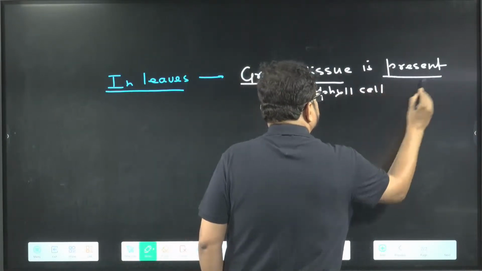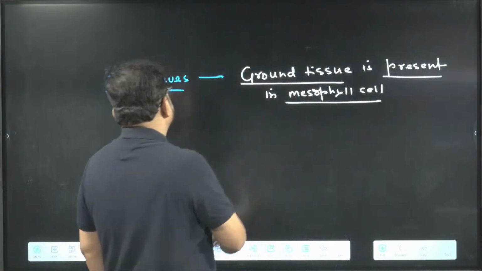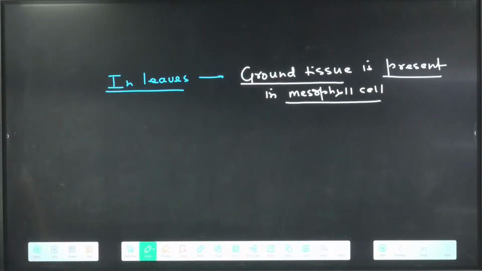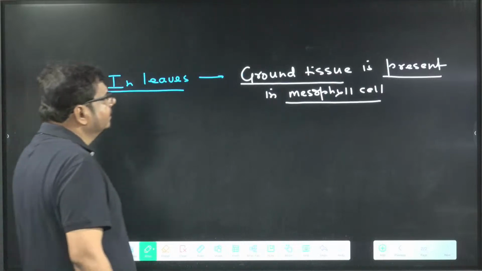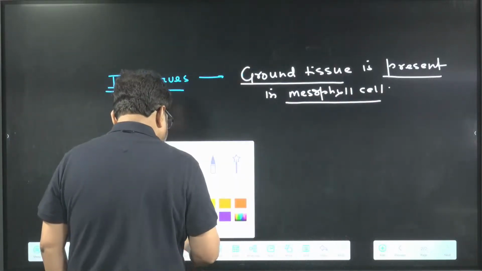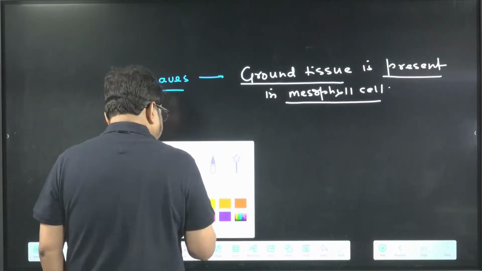Ground tissue is present in which one? Mesophyll cells, in the case of leaf. Is it clear in the mind or not? In leaf, it is present in what? Mesophyll cells. Are you aware of mesophyll cells? Or should I give you a basic idea?